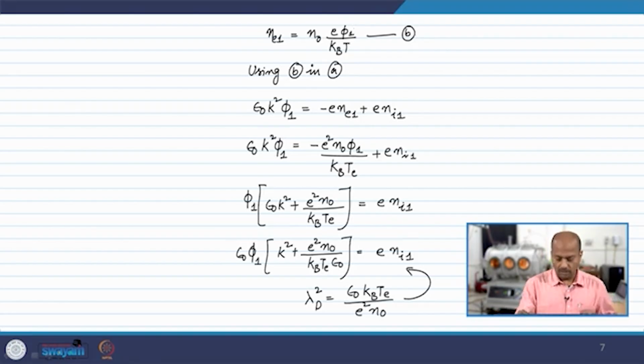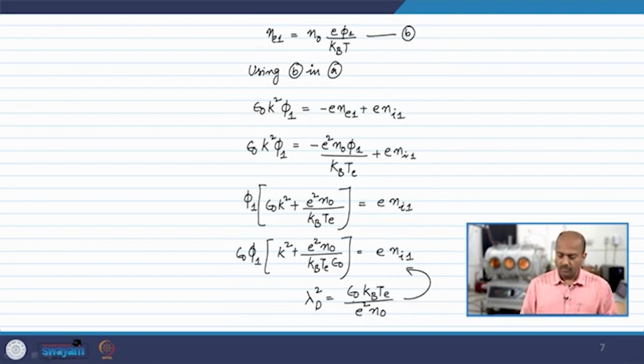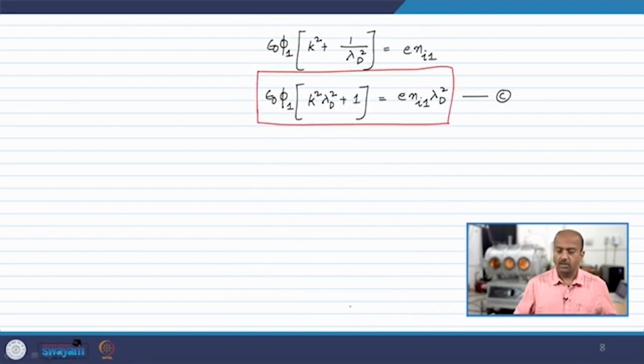So, you have used equation B in this Poisson equation, and then we have obtained equation C. Now, this is still the Poisson equation, it carries the same information, but now it carries the information in terms of lambda d, the Debye length. Debye length is a characteristic parameter which conveys a lot of information about the nature of plasma, or about the constituents of plasma.